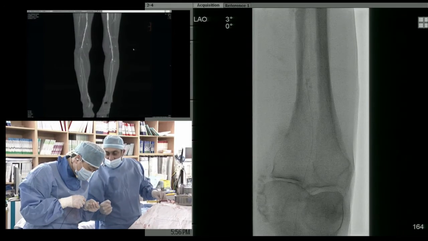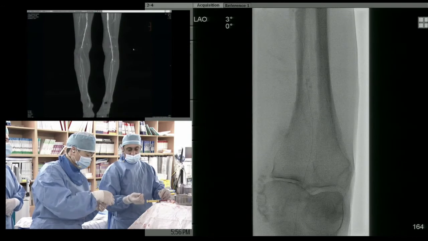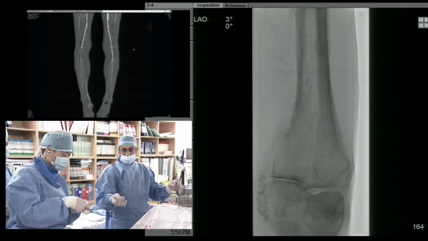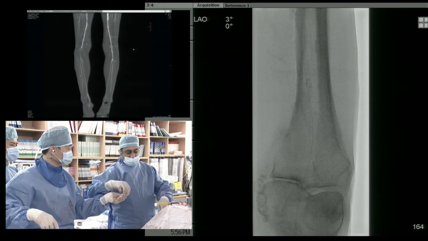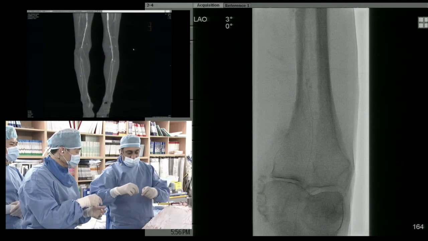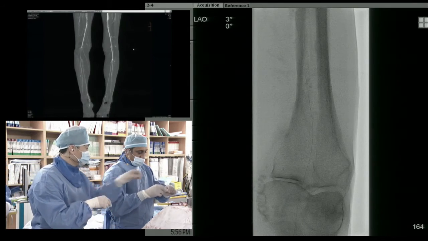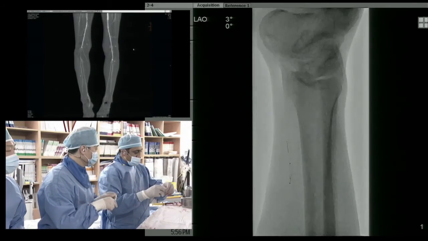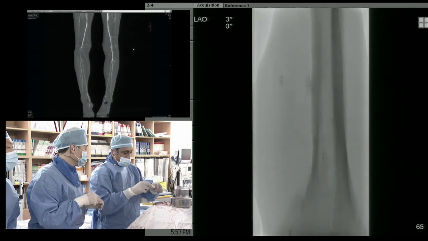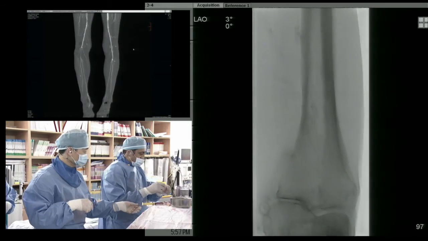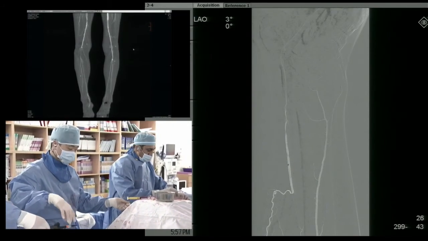So this is a TurboHawk SXC. It's a small vessel cutter, calcium cutter, with a long nose cone. So the S stands for small vessel, X for long nose cone, and C for calcium. And this is supposed to go through a 6 French, but we have an Ansel sheath here, and the Ansel sheath has a slightly smaller ID than the Terumo Destination, so I hope this goes through.